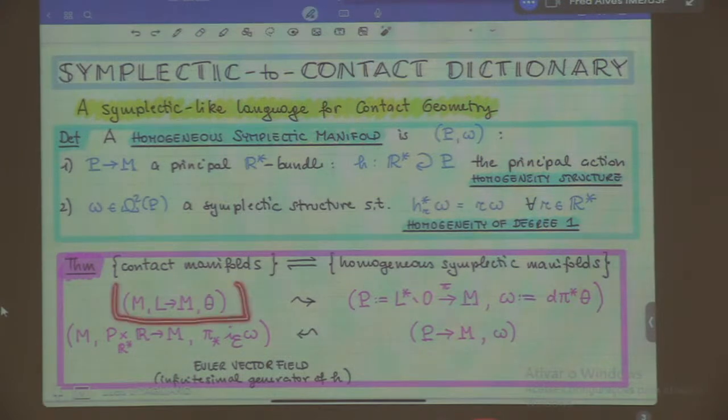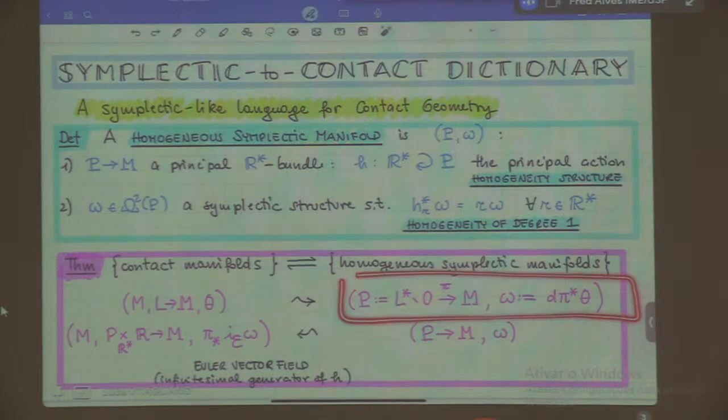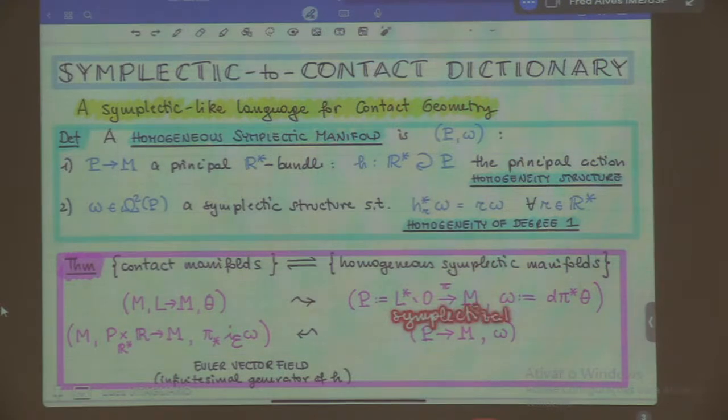Given a manifold, a line bundle, and a contact 1-form theta on it, then we can construct the homogeneous symplectic manifold, which is sometimes called the symplectization, in this way. Well, first we take the dual of the line bundle L, we remove the zero section. If we do this, we get the principal R star bundle P. Now we can take the pullback of theta.